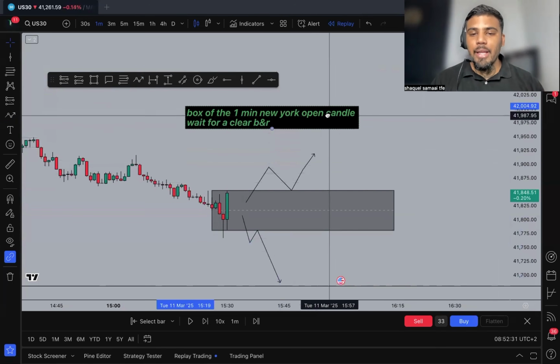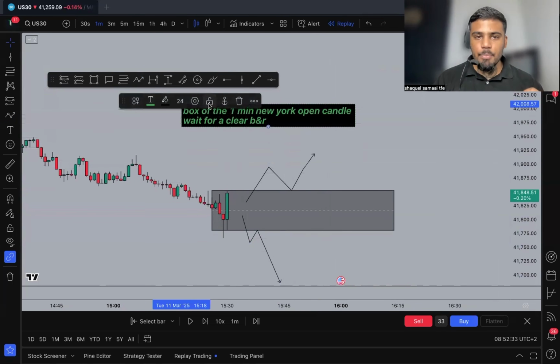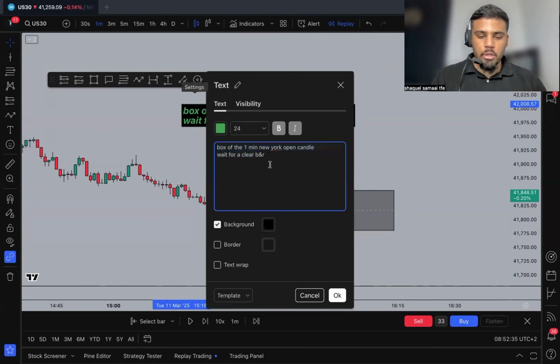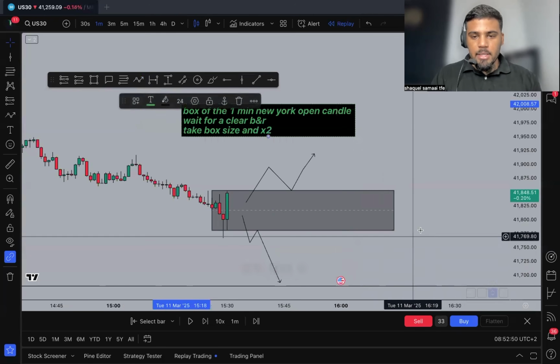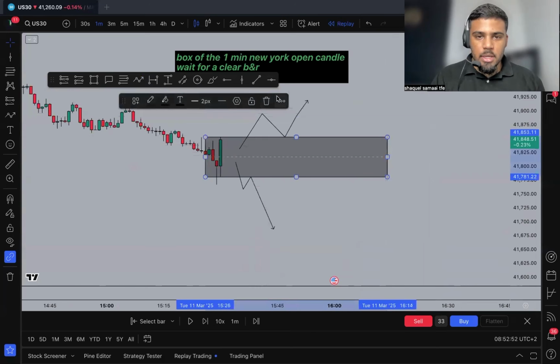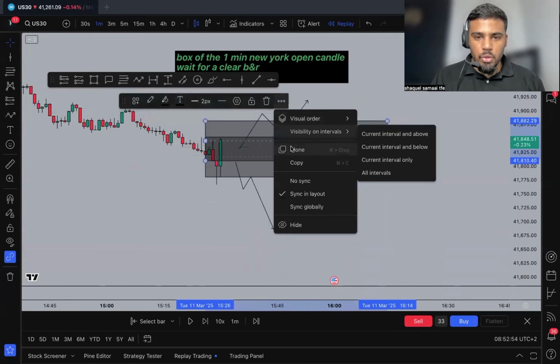Now, how do you actually get your target? Listen up, the target point, guys. This is how you're going to get your TP. What you're going to do is take the box size and times it by 2. Basically, you take the box and clone it twice.